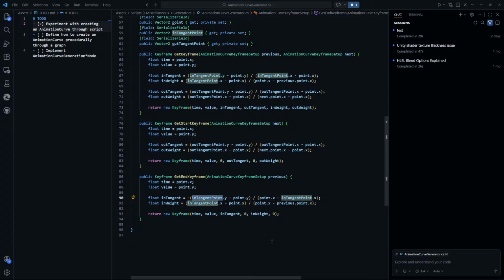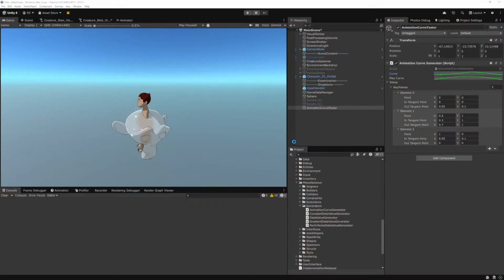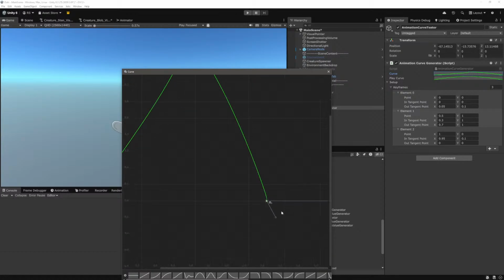An intangent point, if this one is... come on. Intangent point 0.1, 0.